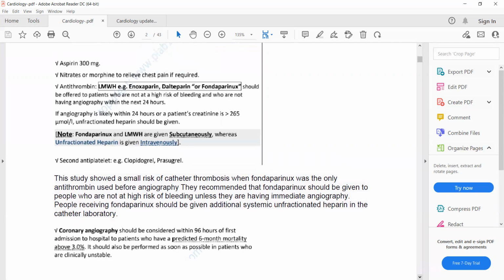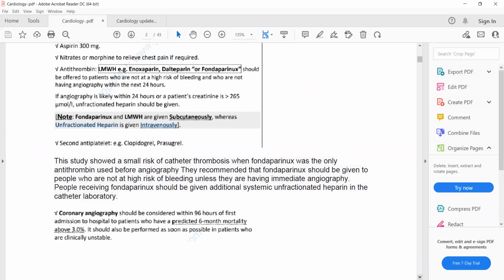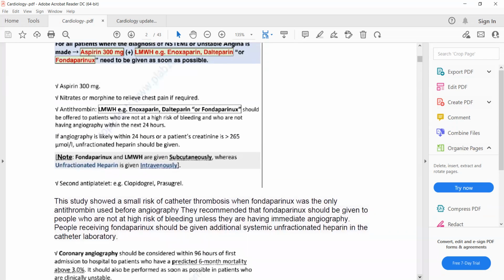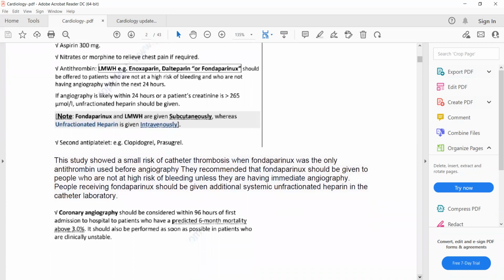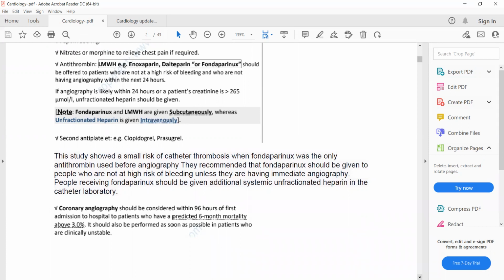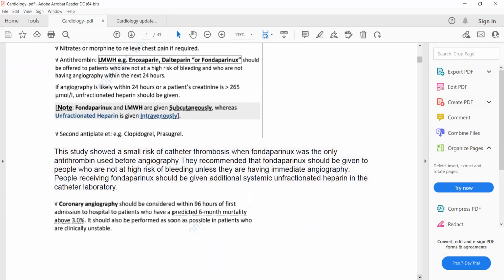Remember that if a patient with unstable angina or non-ST elevation MI is clinically unstable, then he should undergo angiography as soon as possible. And if a patient with unstable angina or non-ST elevation MI has a 6-month predicted mortality above 3%, then he should undergo angiography within 72 hours.